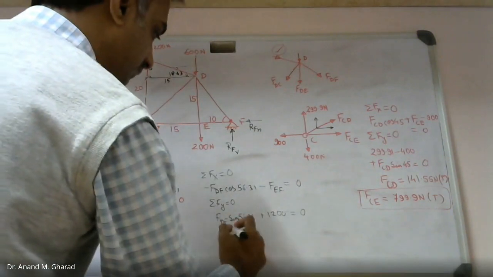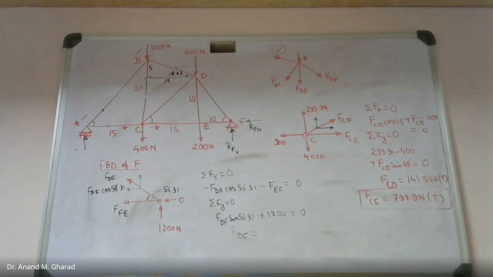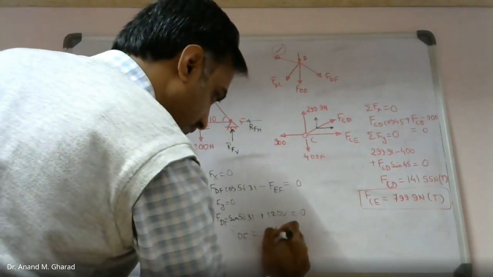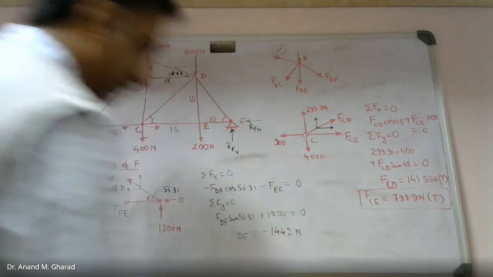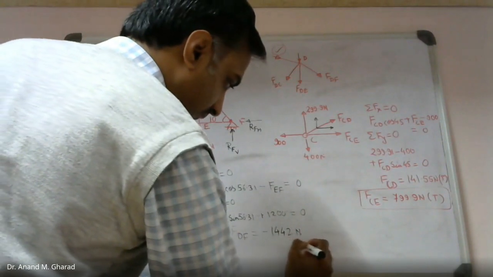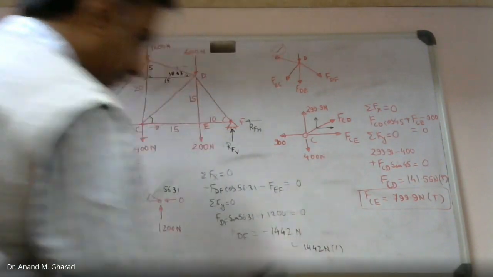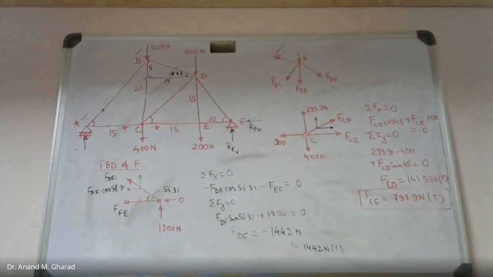From here you can find out FDF. How much was it? Negative will come. I am getting it to be minus 1442 Newton. You can verify. That means this is compression.